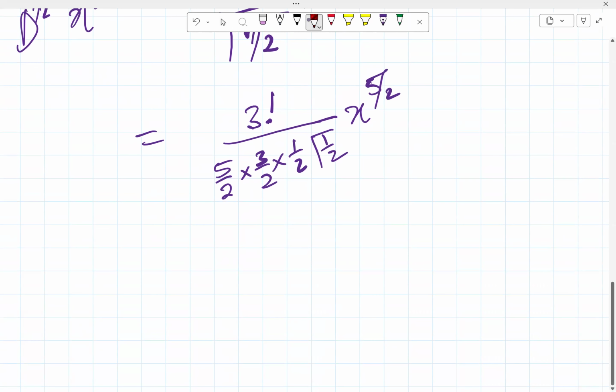Well, you can leave it this way if you like, but for me, sometimes I like to rationalize. So I may want to have 16 over 5 root pi times root pi over root pi, then x raised to 5 over 2, so that we finally have the half derivative of x cubed to be 16 root pi over 5 pi.